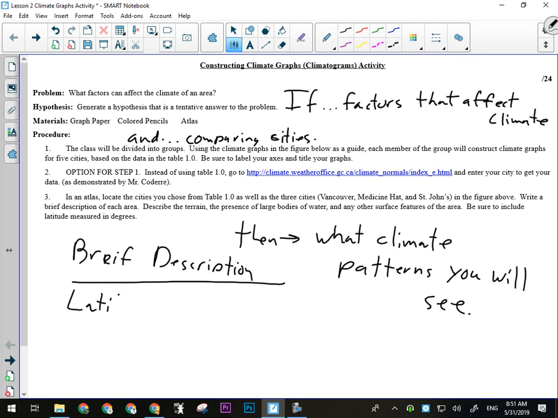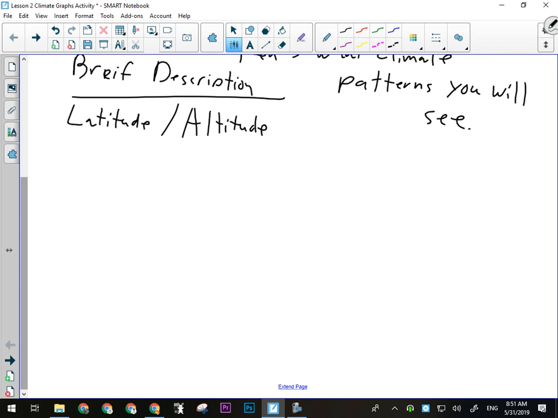Latitude, altitude, okay, and then geographic features.